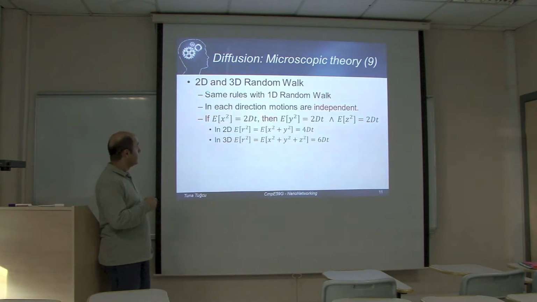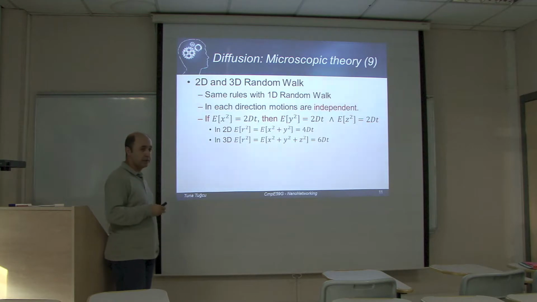If you look at 2D and 3D random walk now, let's try to extend what we have done for one dimension to multiple dimensions. Actually, same rules apply. In each direction, the movements are independent. That means a molecule might be moving like this. This is a projection in the x, y, and z dimensions.